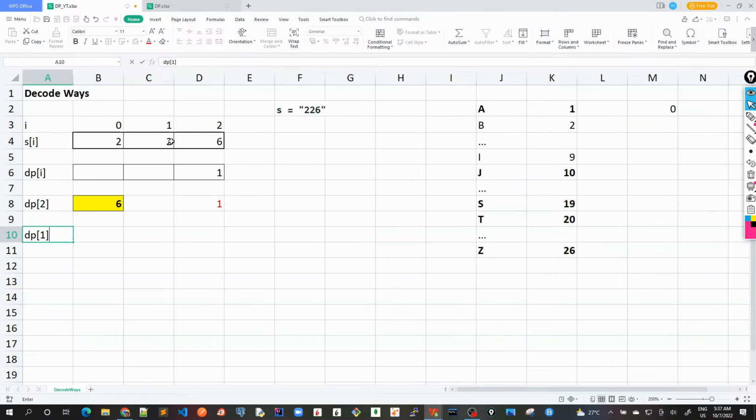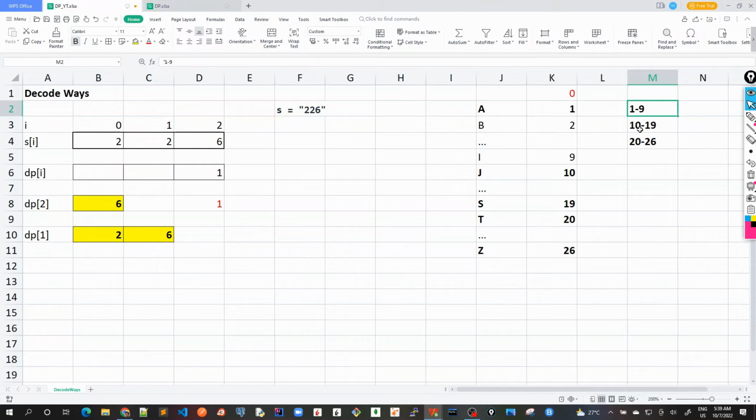which is taking the 2 and 6 together, if we are given these two digits. We have to first check only one digit here, which is 2. Again, we check whether 2 is within the range 1 to 9.